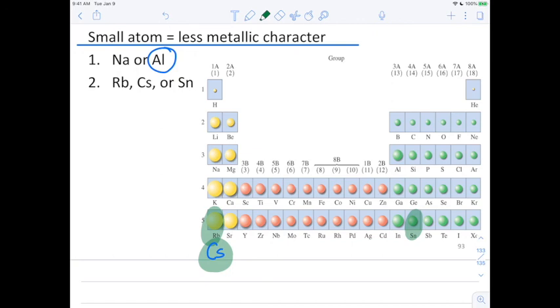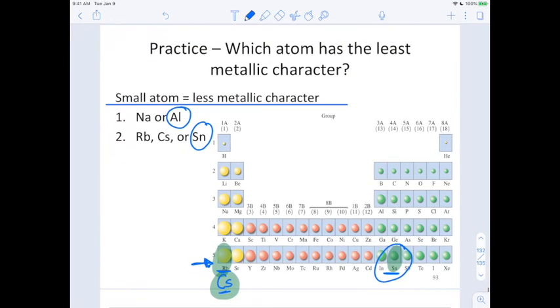All right, so it is indeed tin. So between cesium and rubidium, it is rubidium that is smaller, therefore rubidium that is less metallic. And between rubidium and tin, it is tin that is smaller and less metallic. So any questions on anything here?